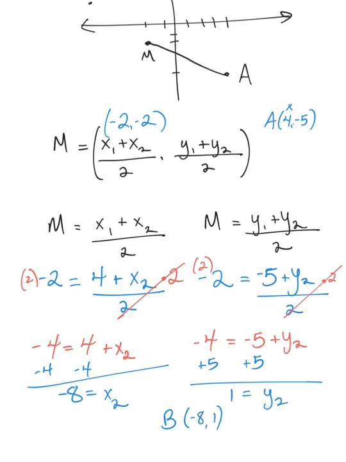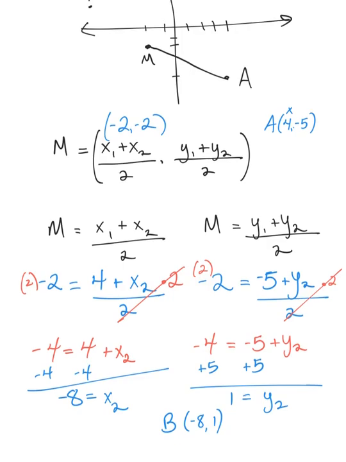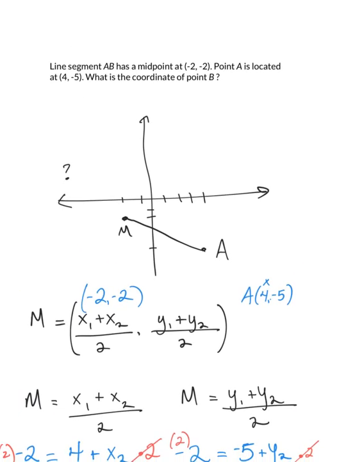Now let's go back to my graph that I drew up here. And -8, if I extend this out a little bit, +1 definitely falls within that quadrant 2 that we had assumed.